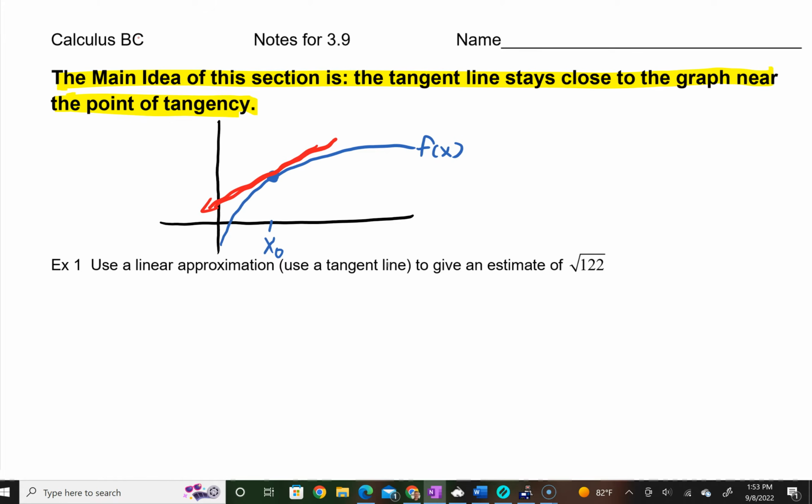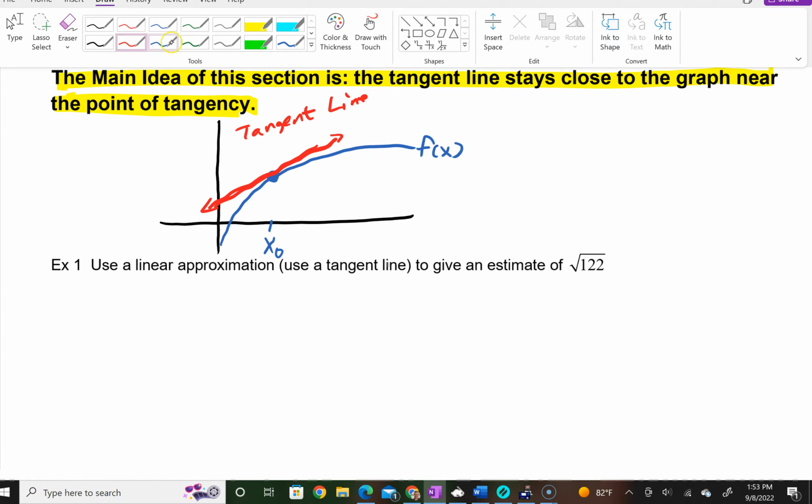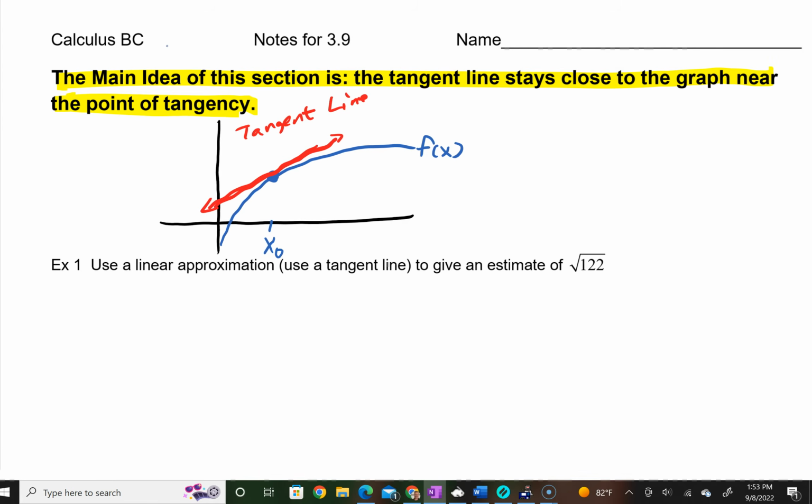right here. And this tangent line, you can see that red line is pretty close to the blue curve as long as we're close to the point of tangency. The point of tangency is the point with x naught. So what we can do is actually move over just a little bit.